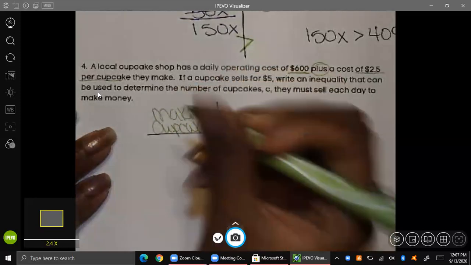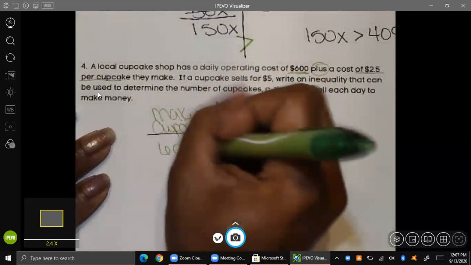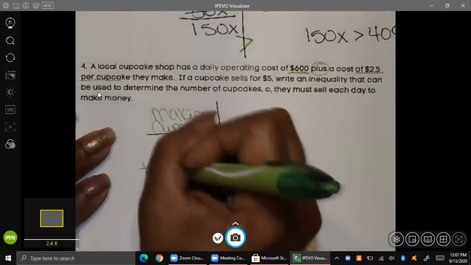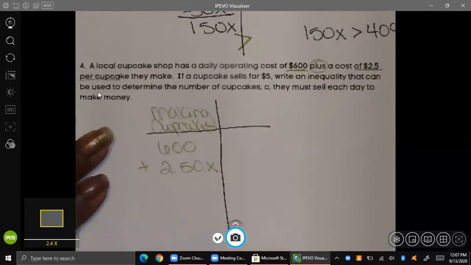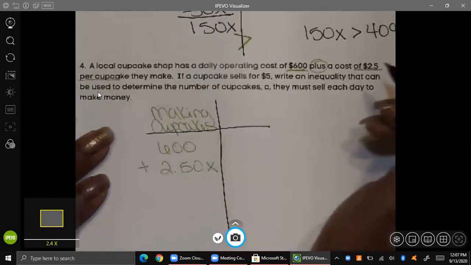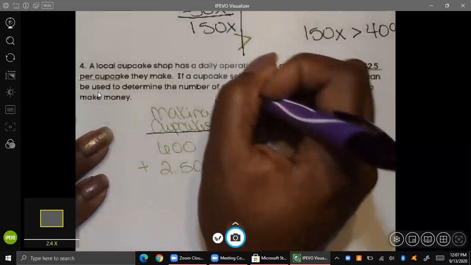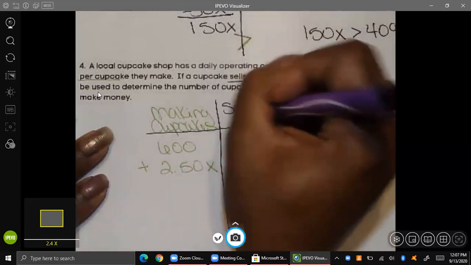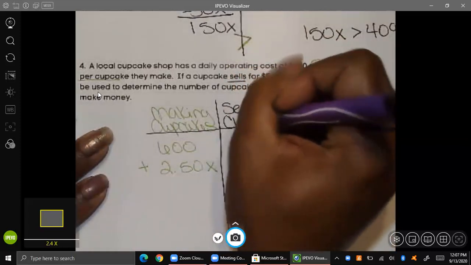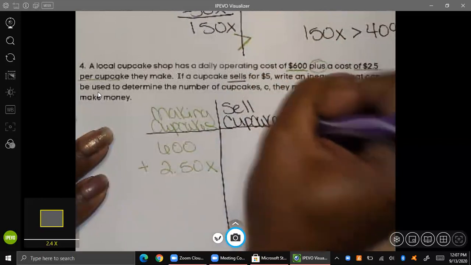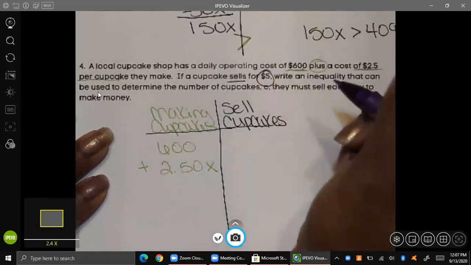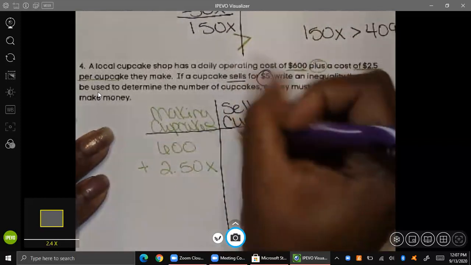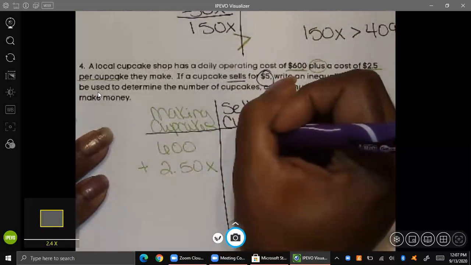To make cupcakes, they have to spend $600 plus the $2.50 per cupcake. Now they're going to sell cupcakes. So over here we have sell cupcakes. And they're selling cupcakes for $5 a piece. So that is 5x.